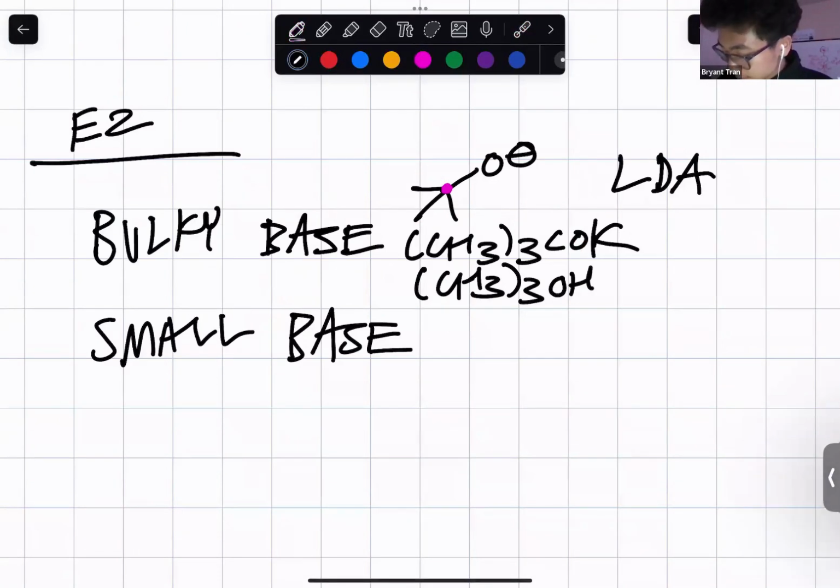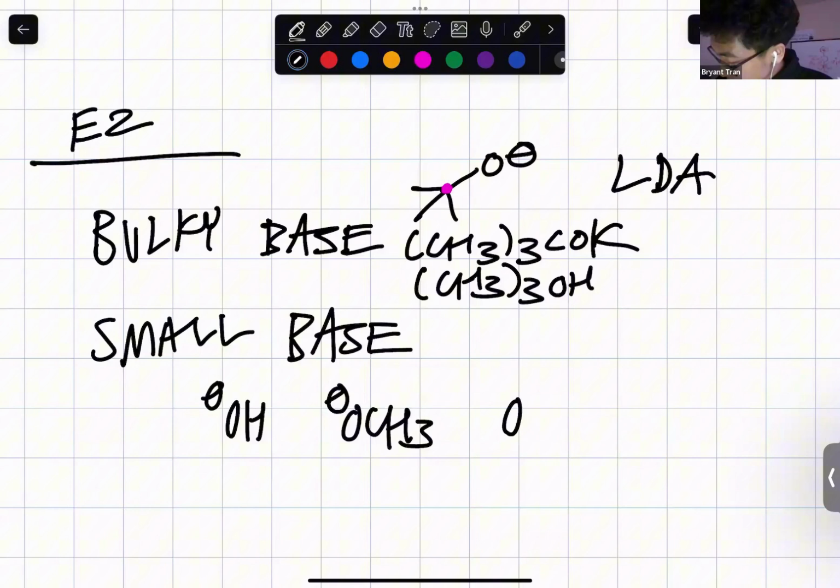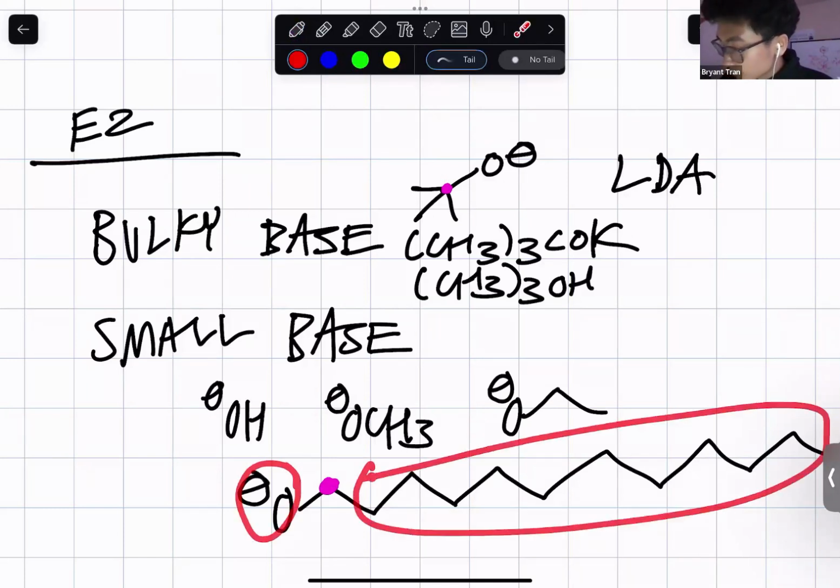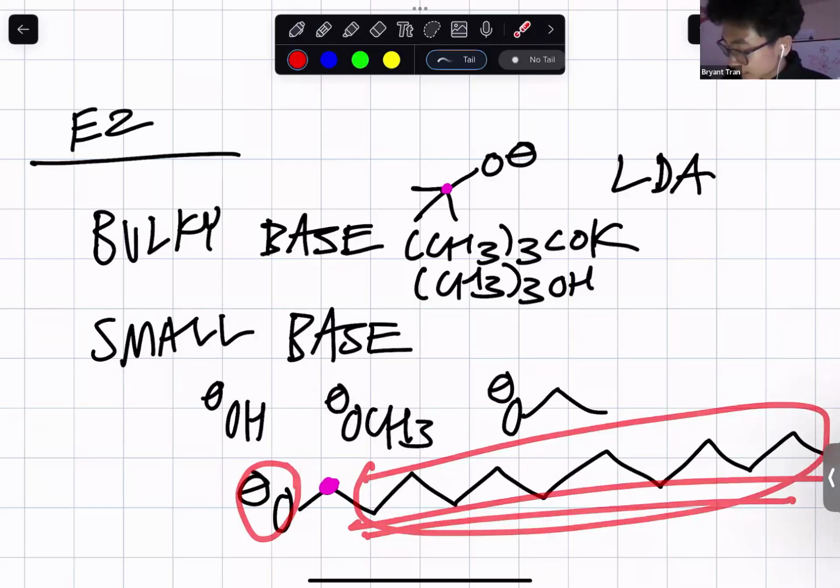Small bases are going to be like OH minus, OCH3 minus, OCH2CH3 minus, and even this is considered a small base. If you look at the first carbon attached to this O- here, this one carbon has only one substituent, one branch coming out of it. So that one branch is just going to stick itself outside of the reaction mechanism and not be crowded.